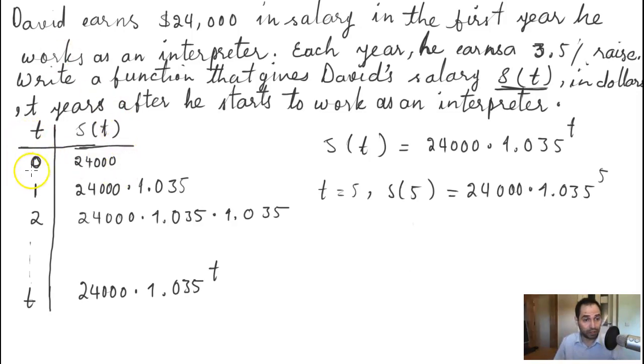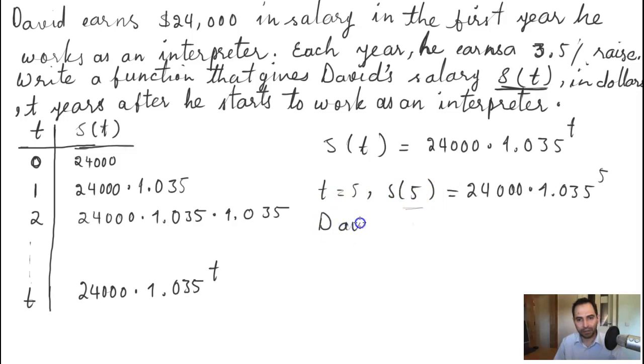If t is equal to 0, that means you're in the first year. If t is equal to 1, you are in the second year, not 2 complete years have passed yet.